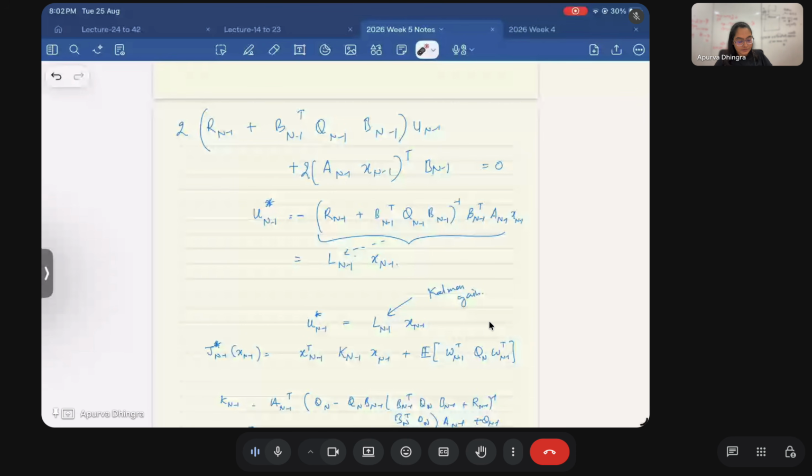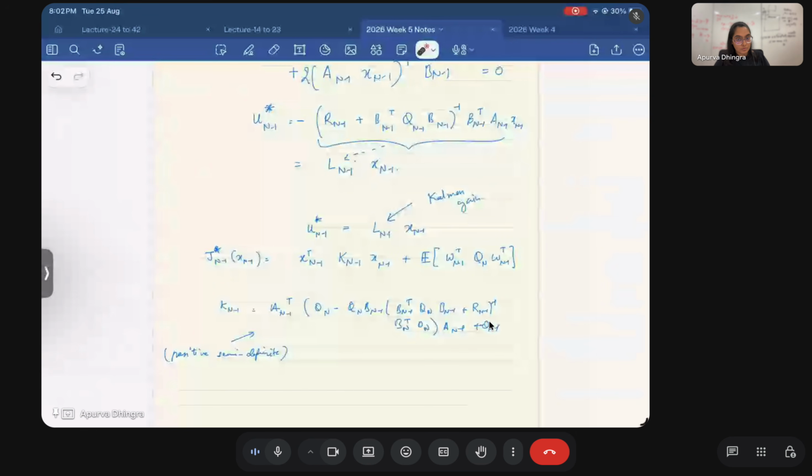And this is the term that has dependencies on whatever the matrices in the problem were. This policy has no dependence on the randomness. Obviously the randomness is not known, but it is showing up at every time step. It is affecting how your action is being taken, what state you're going to next. But it's not a part of your policy.